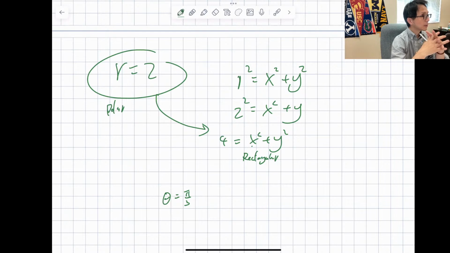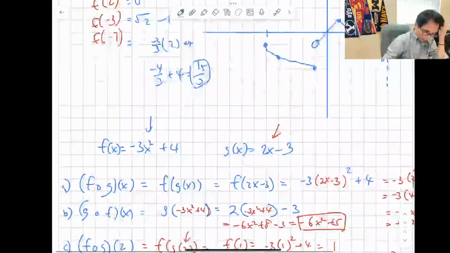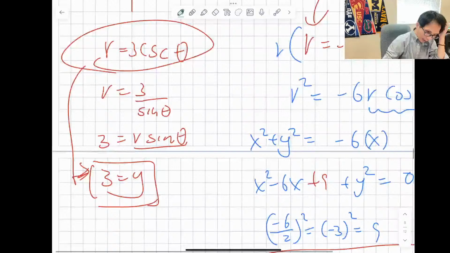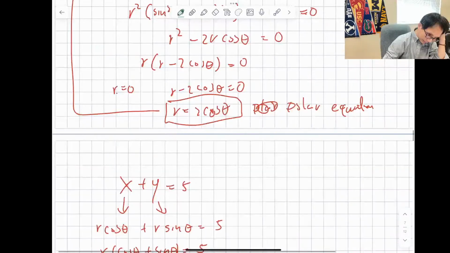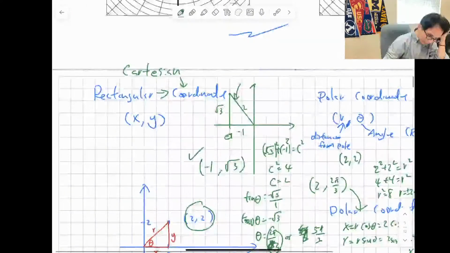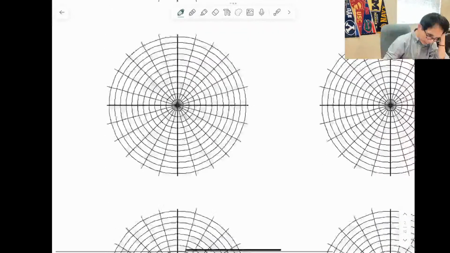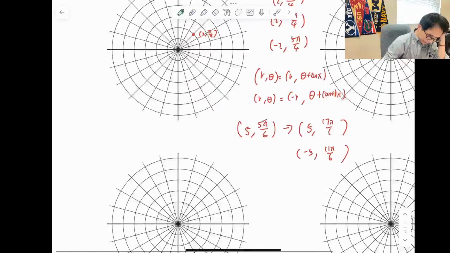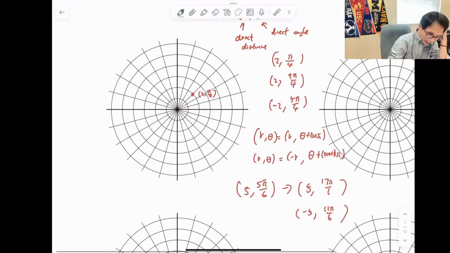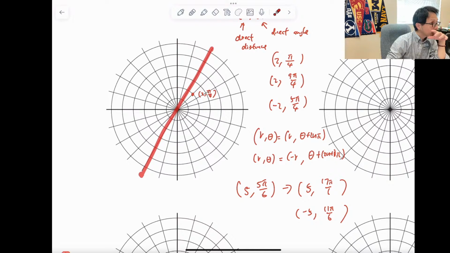If I were to convert to a rectangular equation, what kind of equation would it be? Oh, linear. Thank you, linear. Pi over 3 is like this, just this line. That's theta equal to pi over 3.